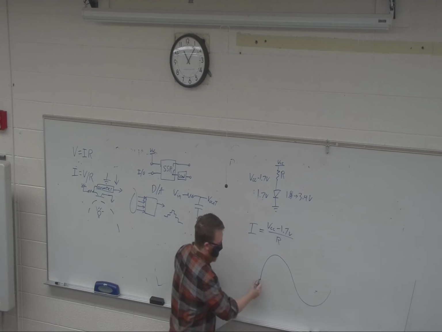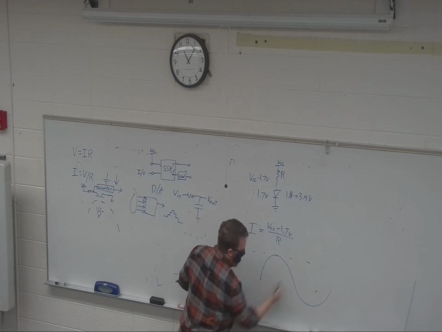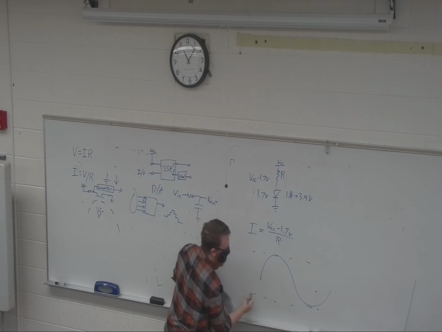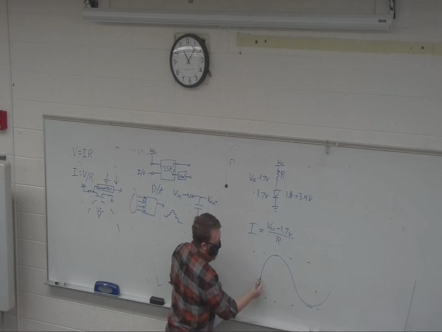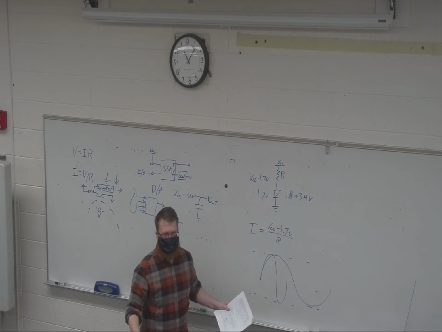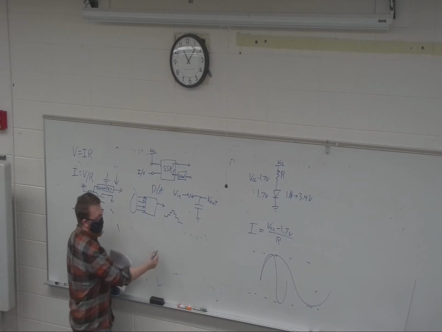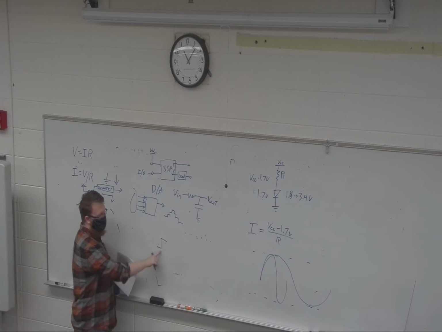A high frequency would do the exact same thing, same amplitude, but it does the sine wave faster. That's high frequency. So in order to make a step like that, that's very high frequency.